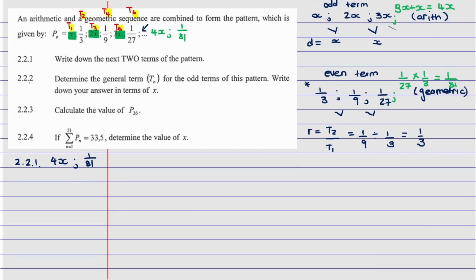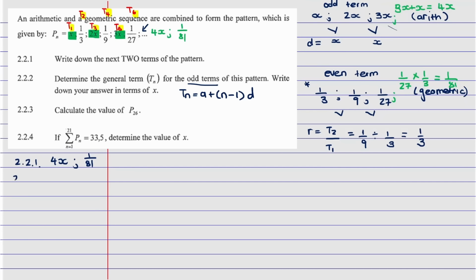Then the next question says, determine the general term Tn of the odd terms of the pattern, write down in terms of x. Remember that odd is the arithmetic, right? So we need to find Tn. Remember, Tn of an arithmetic is what? Tn is equal to a plus open bracket n minus 1, right, d.